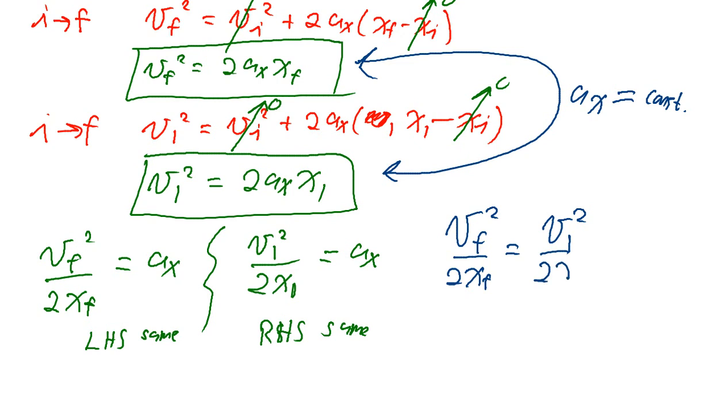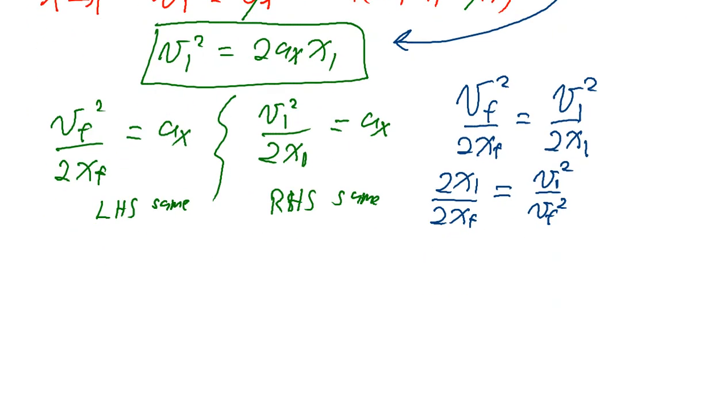Since we want to find the value of x1, I'll cross multiply and get x1 over xf equals v1 squared over v final squared. On the right-hand side, the 2's cancel out.